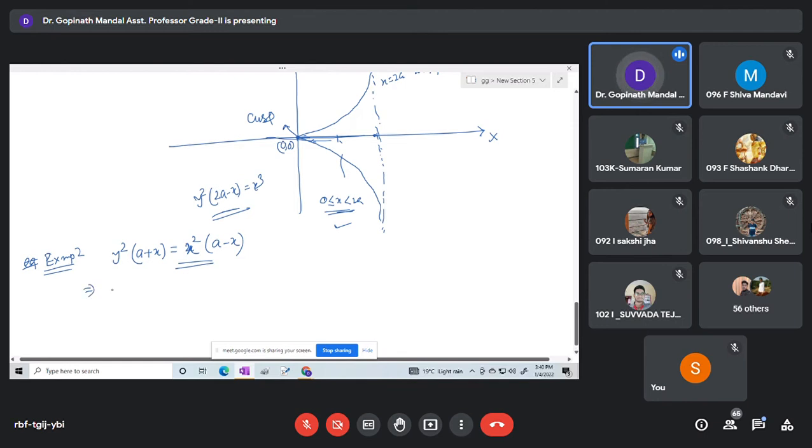So first write this equation: ay square plus xy square equal to ax square minus x cube. So ay square plus xy square minus ax square plus x cube equal to 0.